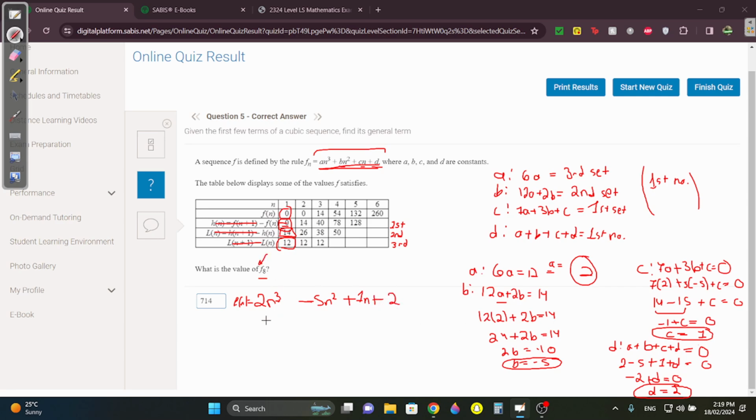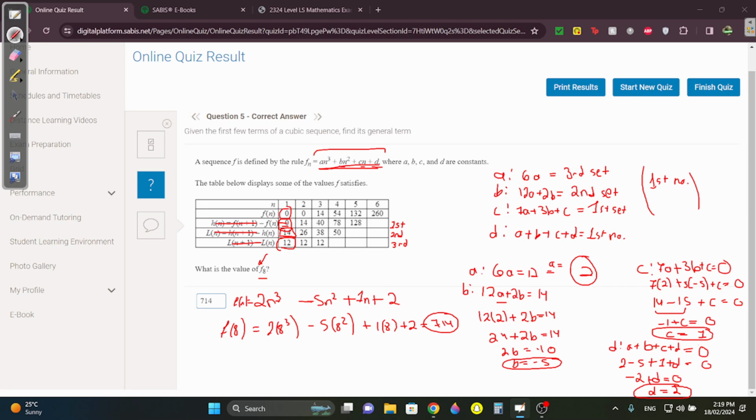Can we find f8? Yes, we can. So 2 times 8 cubed minus 5 times 8 squared plus 1 times 8 plus 2, and you'll get 714.